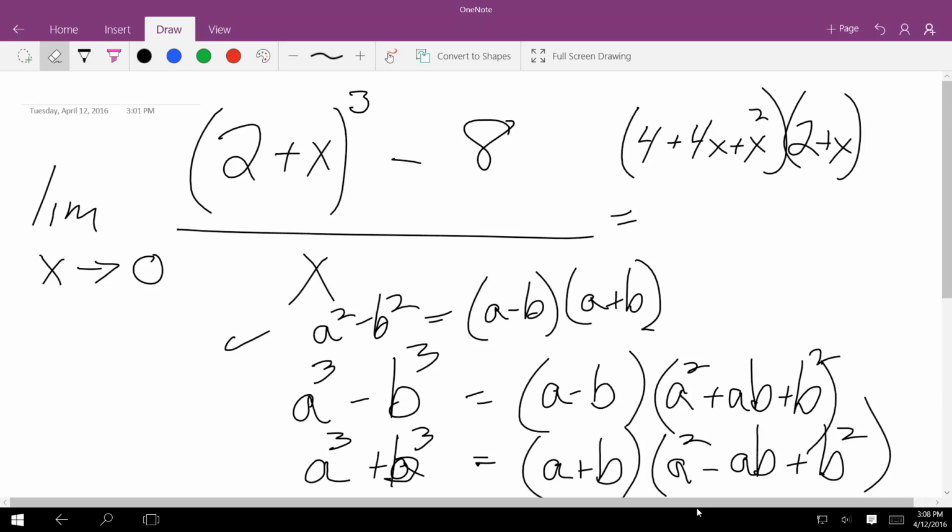In other words, you have to multiply 2 plus x times 2 plus x. You have a middle term of 4x. Oh, okay. So I haven't changed anything.